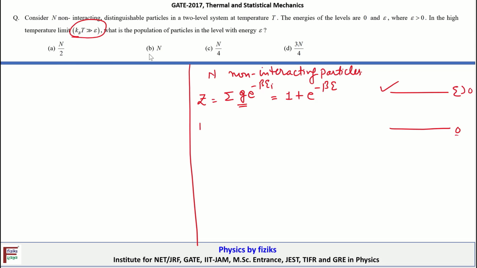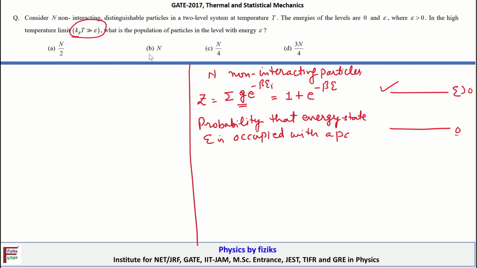Now the probability that energy state E is occupied with a particle is given by P of E, which is equal to exponential minus beta times the required energy divided by the partition function.